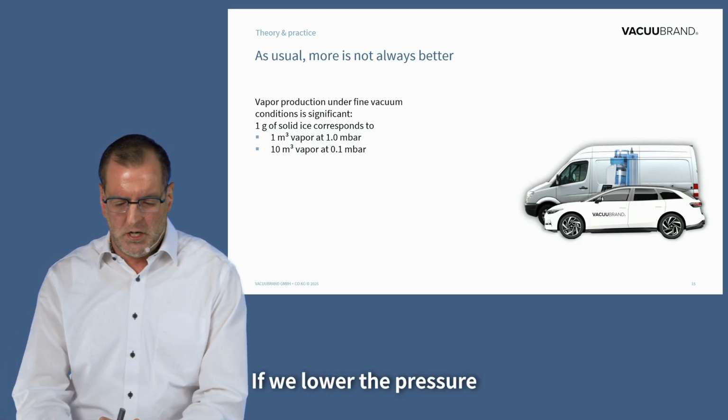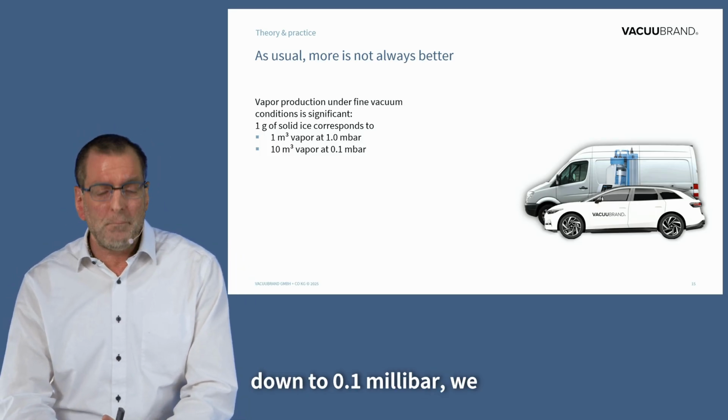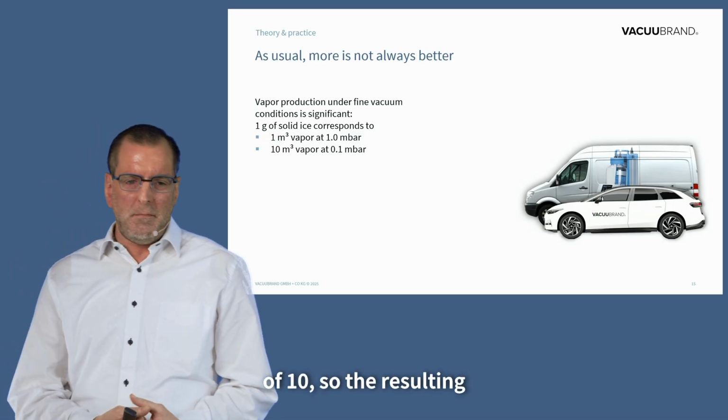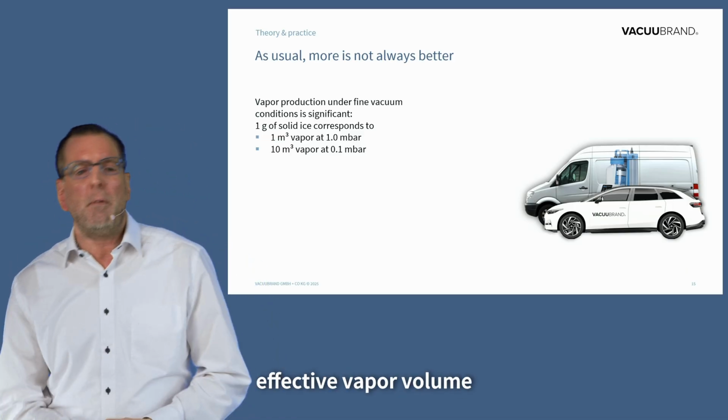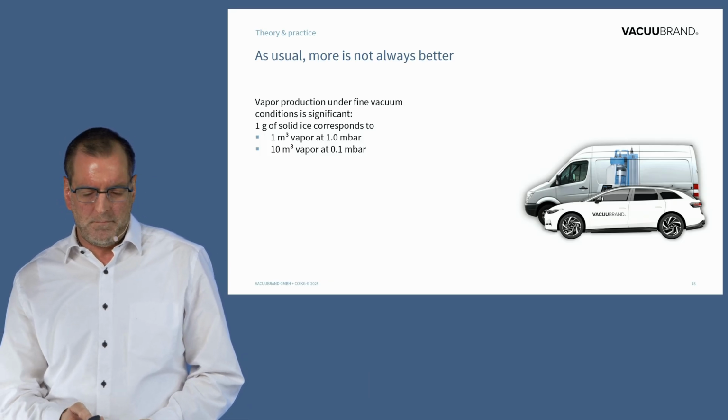If we lower the pressure by 1 order of magnitude down to 0.1 millibar, we will have an expansion factor of 10, so the resulting effective vapor volume stands at 10 cubic meters.